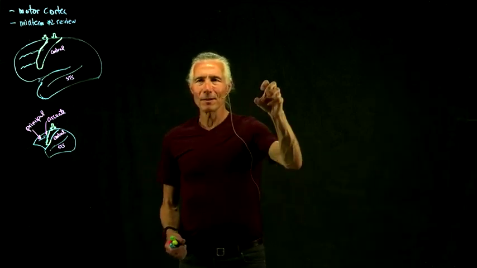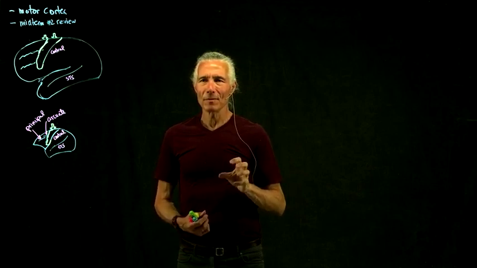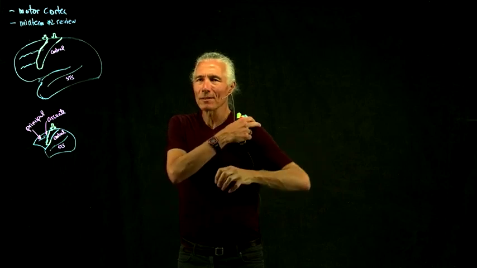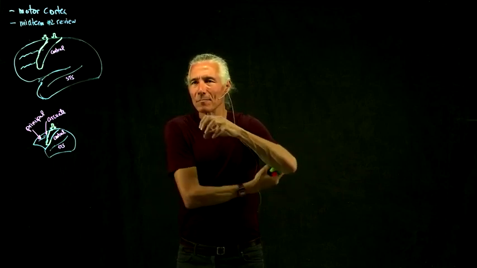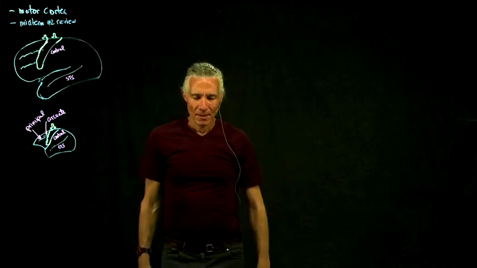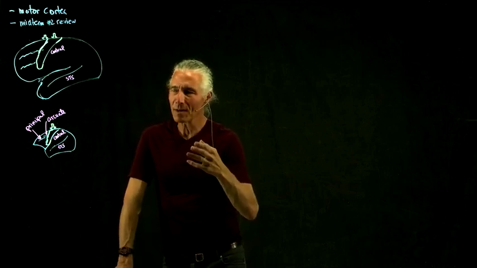So if I grab something like that, that's a complicated thing. It involves my wrist, my shoulder muscles, and my triceps, the one on the back, to make the arm extend out. So it's not straightforward to figure out which muscle is active.